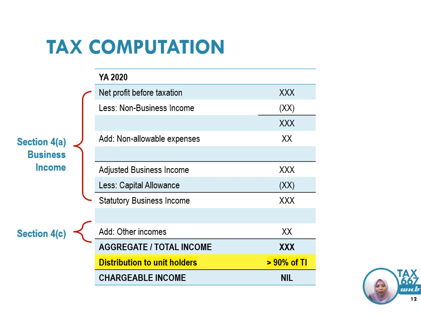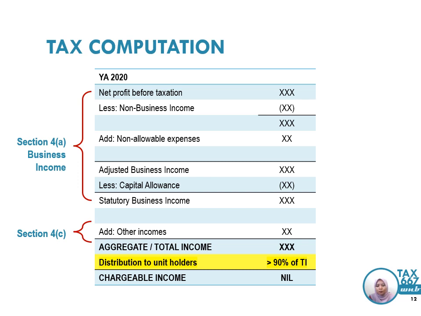Alright. So, bila dapat total income, what should we do next? Kita akan compare dengan distribution made to unit holders. Kalau melebihi 90% of total income being distributed to unit holders, so automatically chargeable income akan jadi nil ataupun zero. Sebab apa?